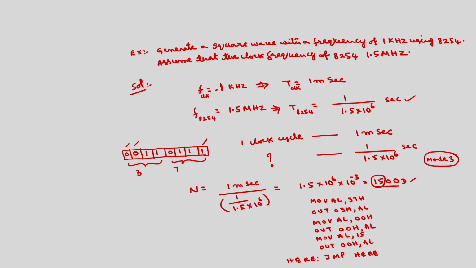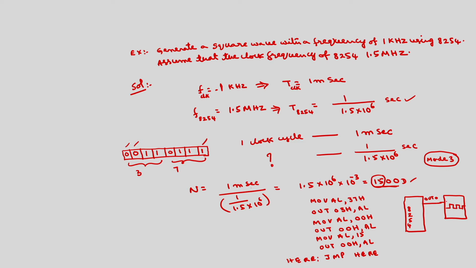So, if you execute this program and connect this 8254 out 0, this is out 0 because I have used counter 0, to the CRO, we can observe a square wave with a precise, accurate frequency of 1 kilohertz.